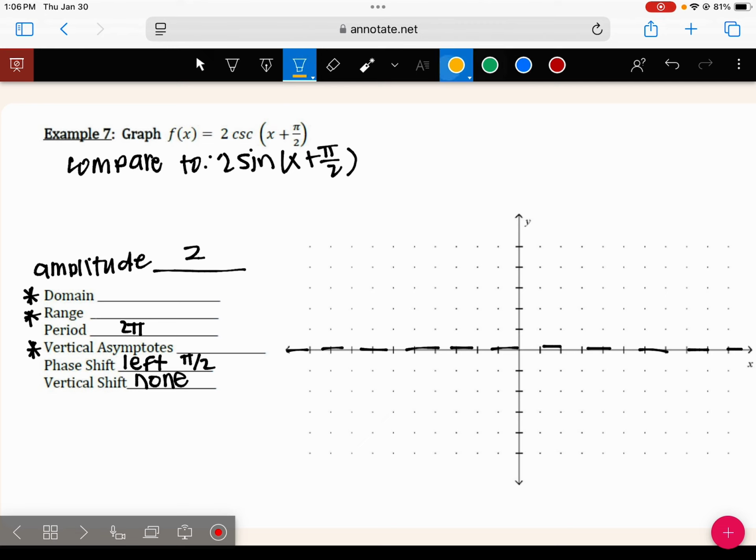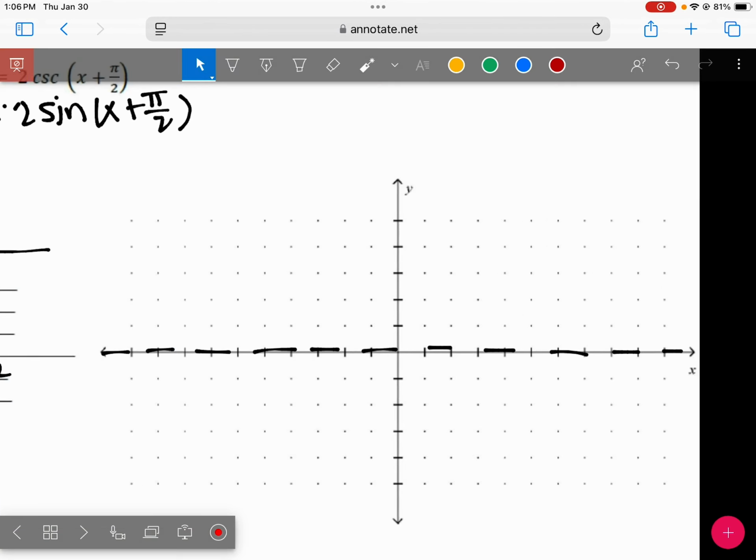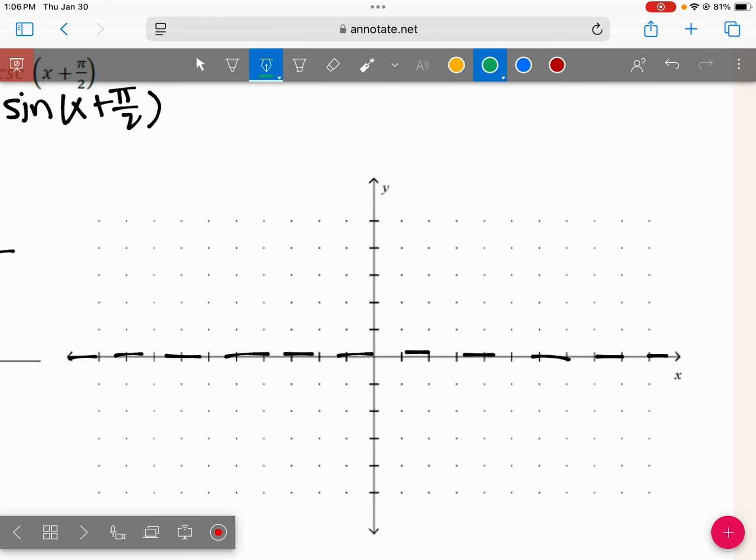We've already talked about today that sine starts in the middle. This is where we would start, right there, if we were looking at the parent function. We don't have any vertical shift, but we do have a horizontal shift, and it's over pi halves. So this is our new 0, right there.